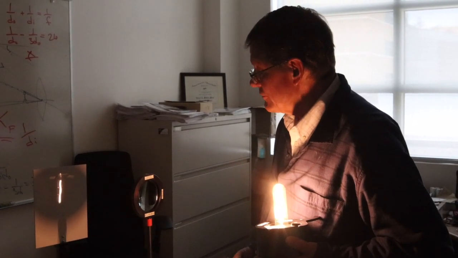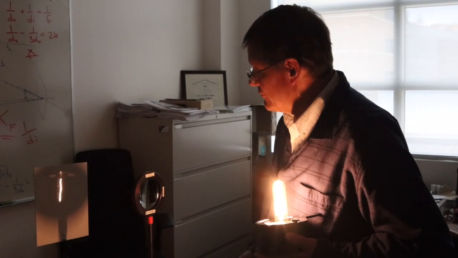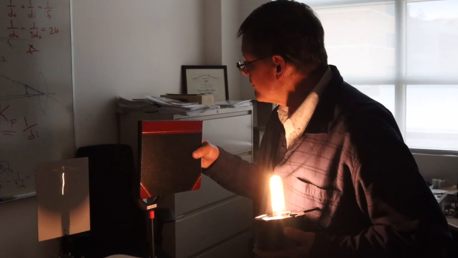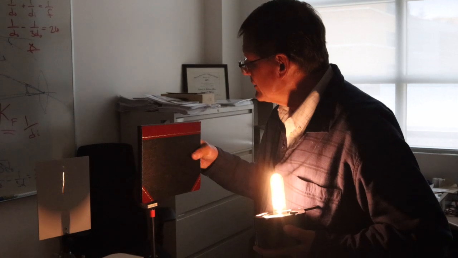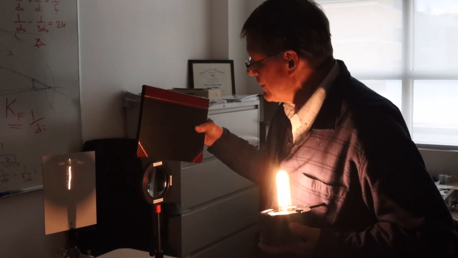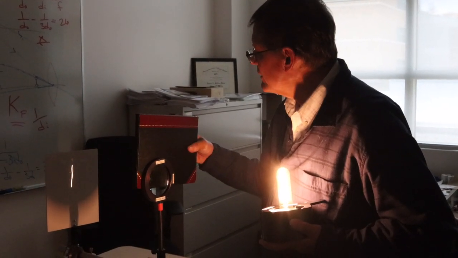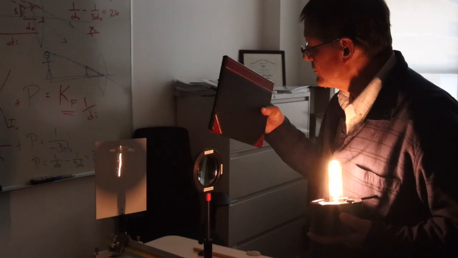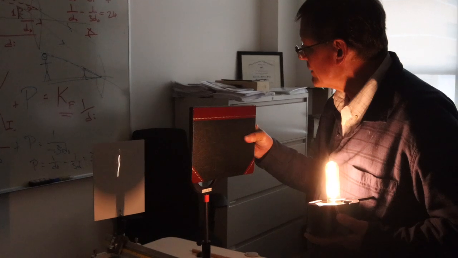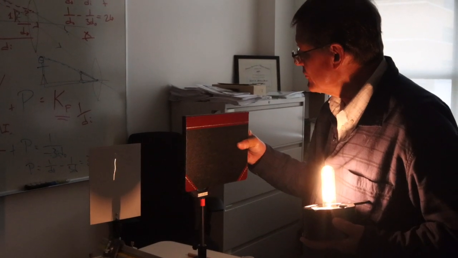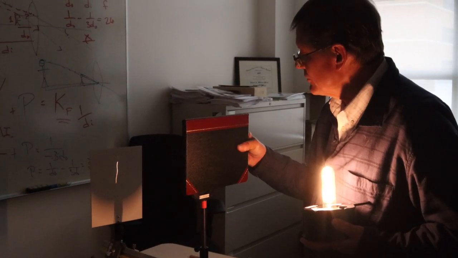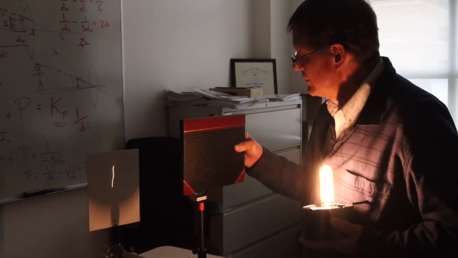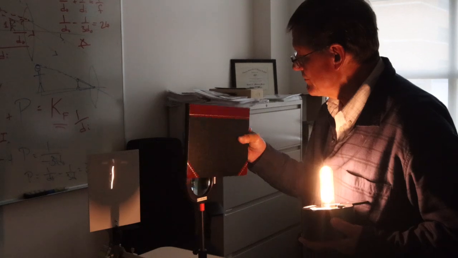So I predict that I'll still get exactly the same image, but that now it will be dimmer. And sure enough, that's what I see. And it shouldn't matter whether I cover up the front, put it in front of the lens or behind the lens. I still get the image, the whole image, but just dimmer. Now you see there I've covered up most of the lens, but I still get all of the image.